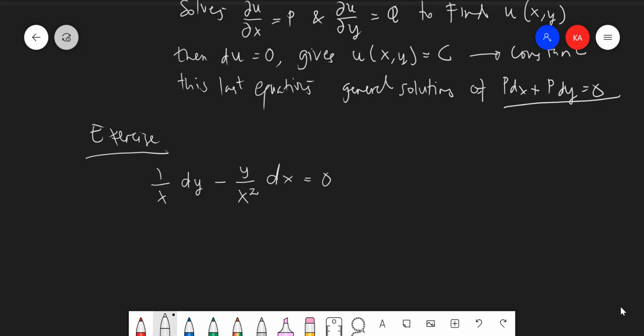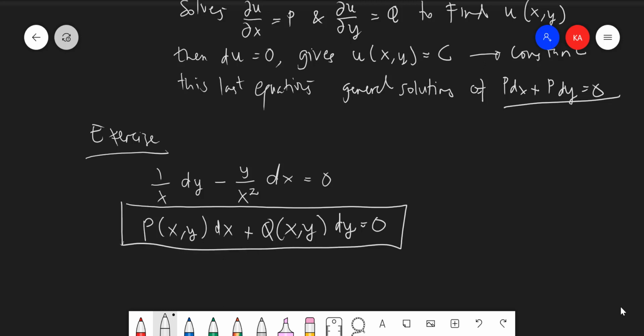So how to solve this equation? First we have to compare it with the standard form, P(x, y) dx plus Q(x, y) dy is equivalent to 0. So this is the general form.